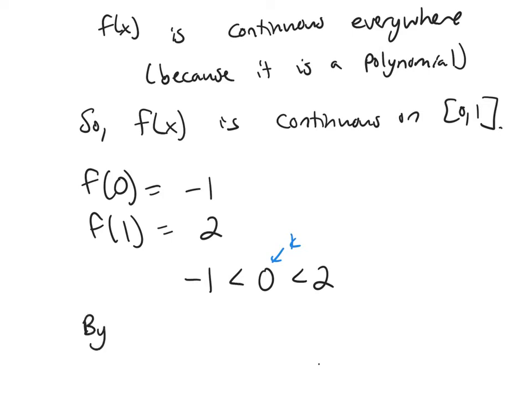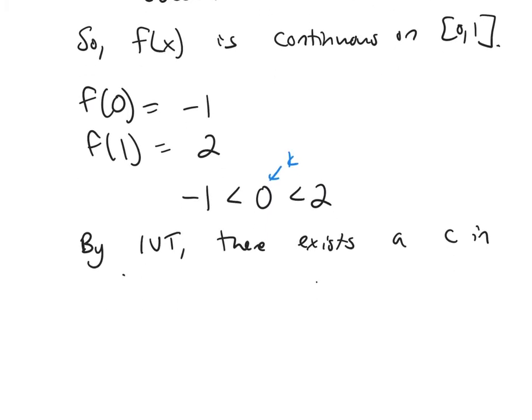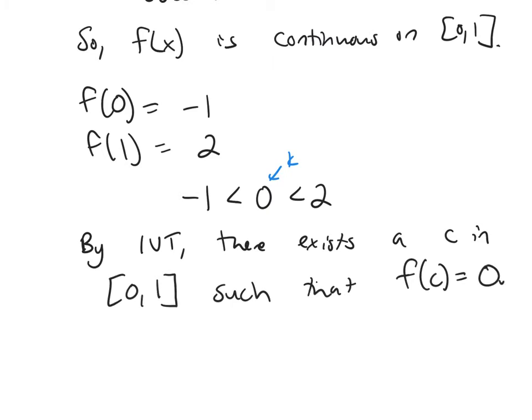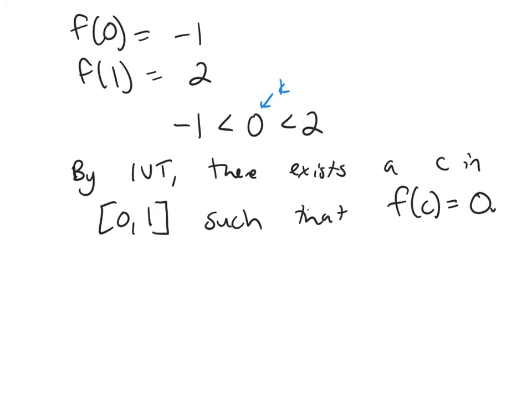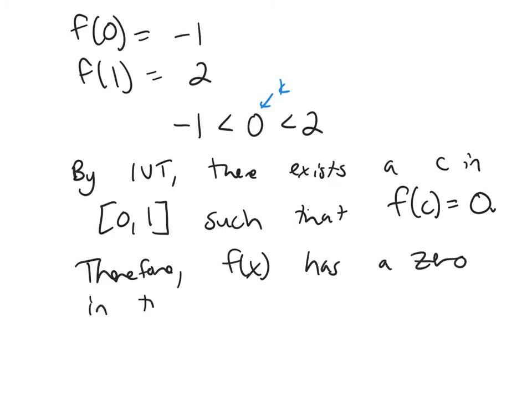So by the intermediate value theorem, there exists a c in the interval 0 to 1 such that f of c equals k, but k here is 0, and that's exactly what it means to have a 0. So my conclusion, therefore, f of x has a 0 in the interval 0 to 1.